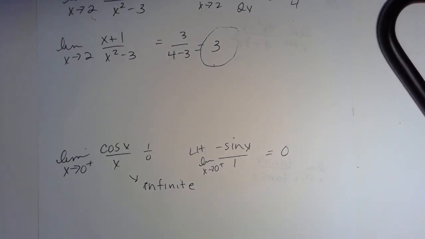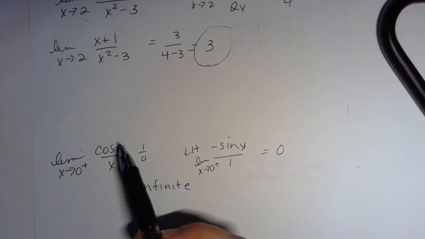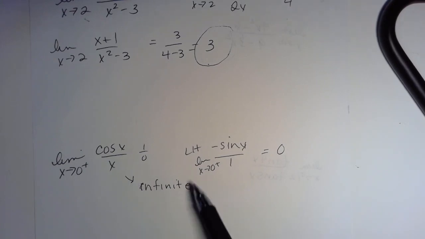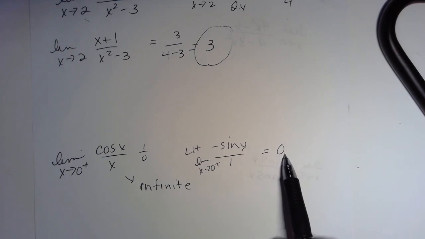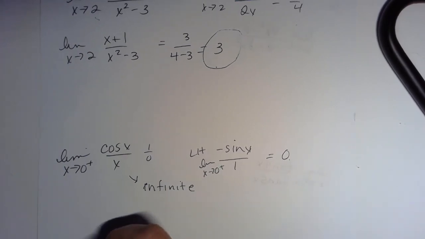So this limit does not exist, but applying L'Hopital's rule without making sure that I have the right circumstances told me the wrong thing. It told me that the limit is 0. So assumptions really matter, right?